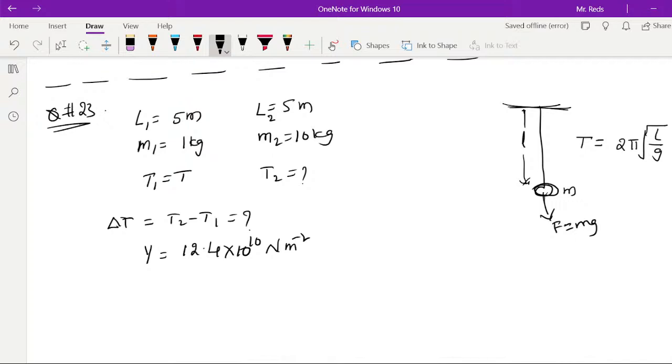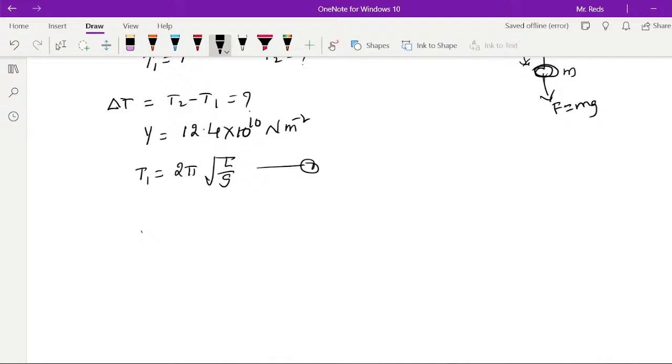So the effective length changes to the initial length plus some change in length delta L. You have to understand that carefully. Now let us say T1 is equal to 2 pi into root L by g. Let us say this is equation 1.